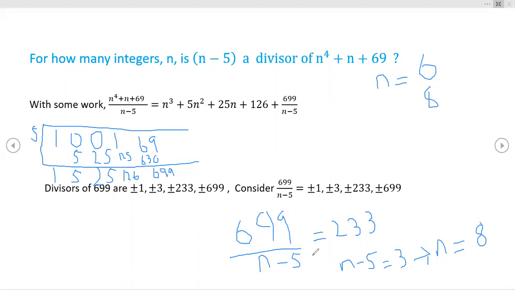Since there's 8 of these, there are 8 equations to be solved, right? 2, 4, 6, 8, and we know that since these are divisors that will evaluate to integers, then we're done with the problem. The answer is 8 integers n such that the conditions prevail.